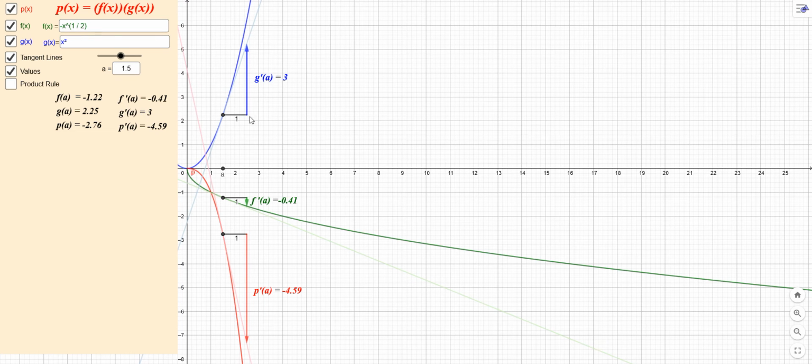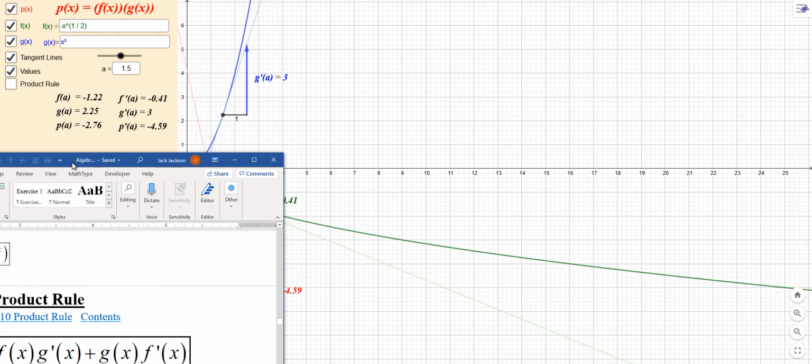Here we can see the derivative of g is 3. The derivative of f is negative 0.41. And the derivative of p is negative 4.59, as we see here. And once again, those do not multiply outright. So that's not the product. So, we may come back to this in just a minute.